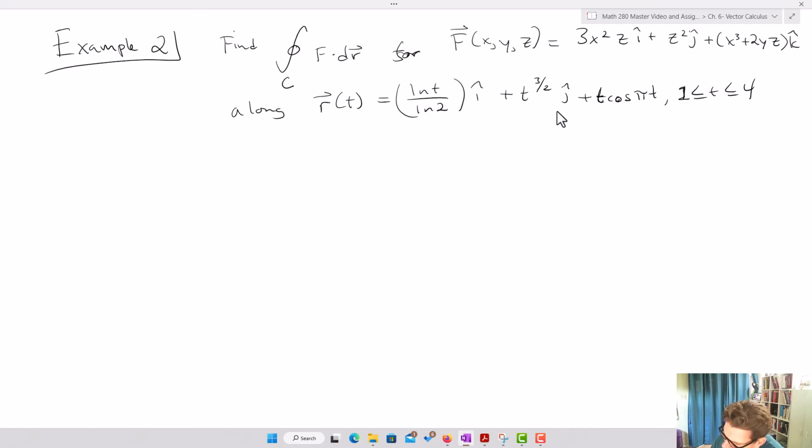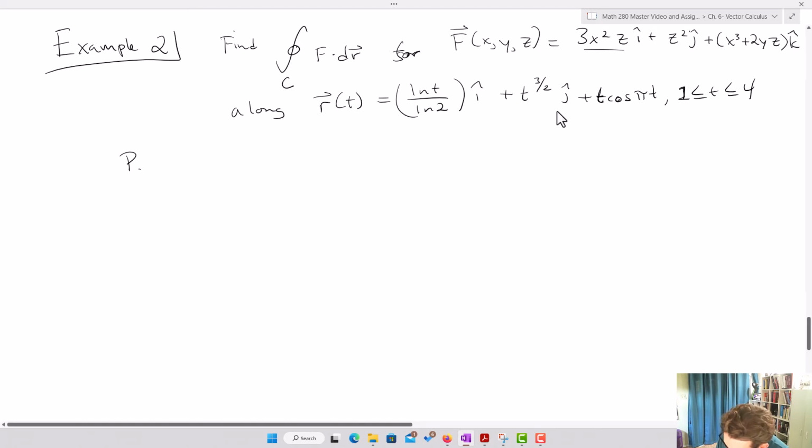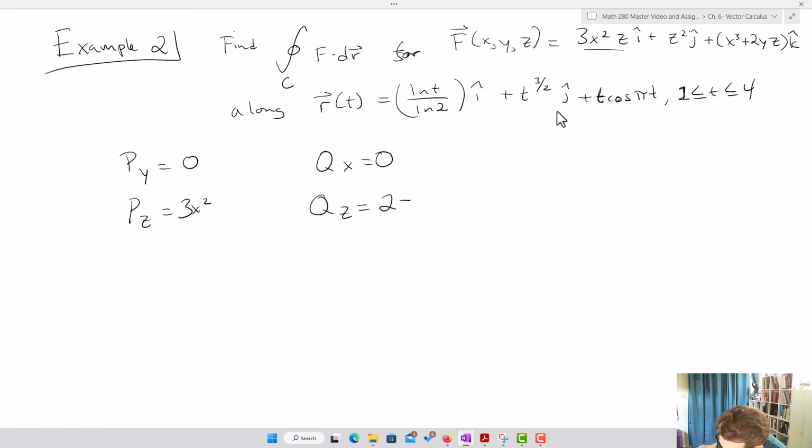So what I'm going to do is go out and figure that out. Here's my P. So P_y is going to end up equaling 0, and P_z is going to end up equaling 3x squared. Q_x is going to end up equaling 0, and Q_z is going to end up equaling 2z. And then R_x is going to end up equaling 3x squared, and R_y is going to end up equaling 2z.